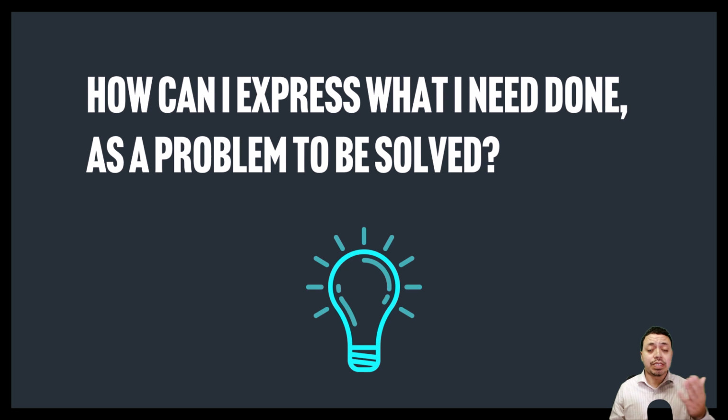For example, if you need them to report their time spent on a project by the end of the week, and that's just not happening, we can ask the dev team, "A problem that we have is, in order to bill on time, we need to know how much work was done. How can we make sure we know that at the end of each week?"